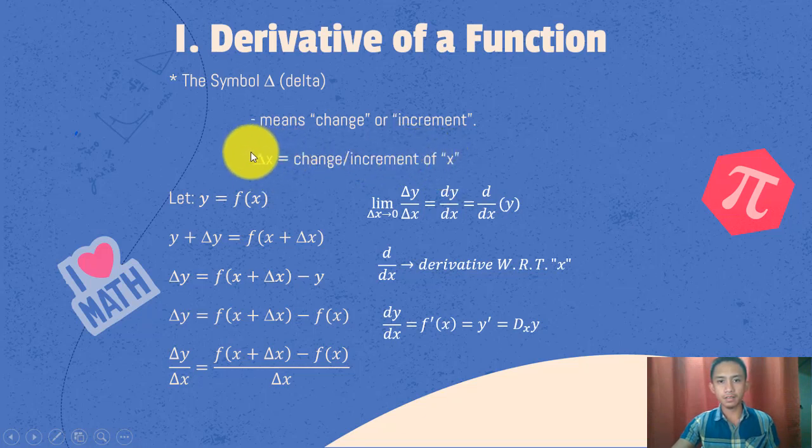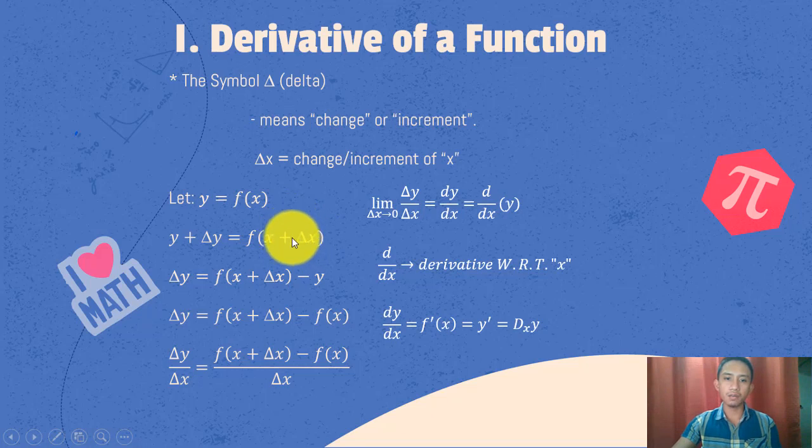Then this delta x now becomes one variable which is different from the variable itself. So let's start with your function. y is a function of x: y equals f of x. What is the meaning of that? Since y depends on the value of x, let's say I add a change or an increment of x.